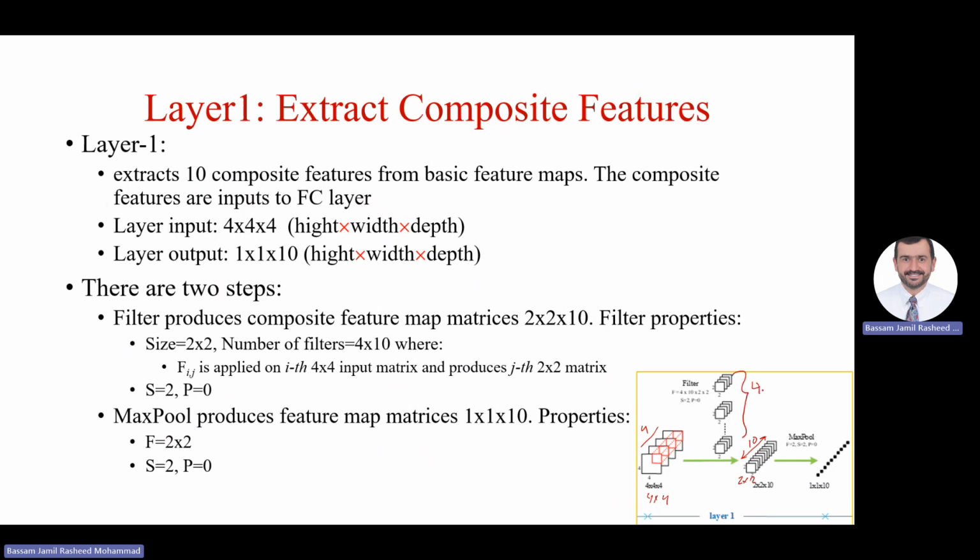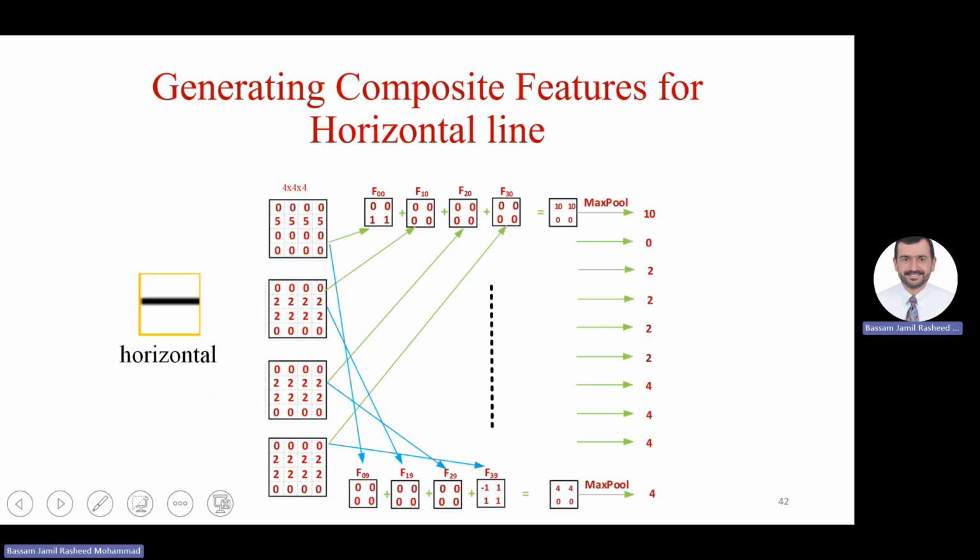Because the depth of the input feature map is 4 and the depth of the output feature map is 10, or you can say the input channels are 4 and the output channels are 10, and that results in 40. I need 40 filters. So I apply the filters and then I get 2 by 2, then I apply maximum pooling and I get individual values. So let's take a look here and see.